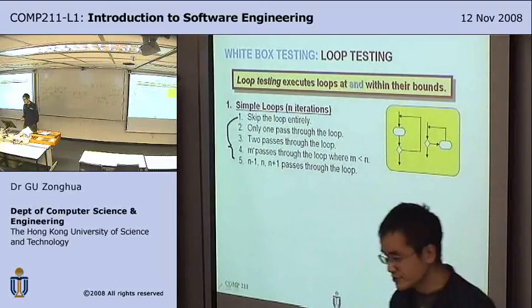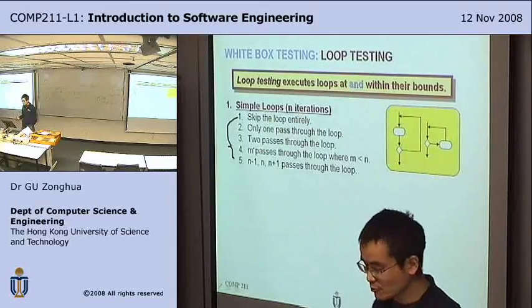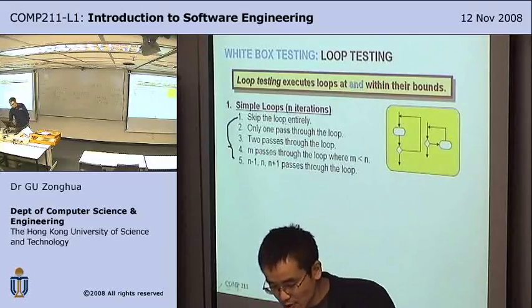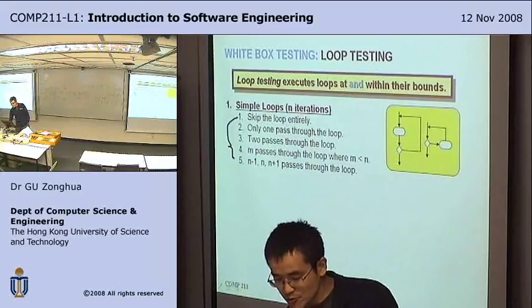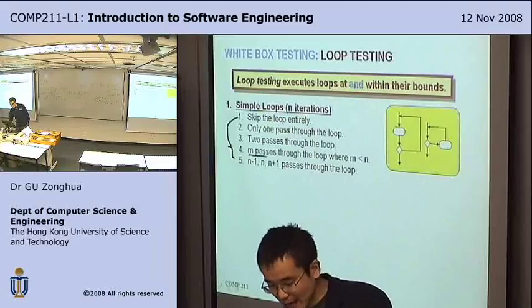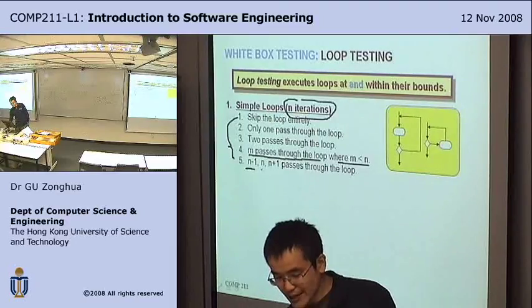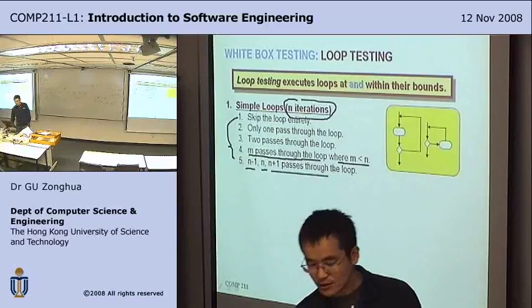That is, you jump directly from the loop head to the loop end without executing the loop body. Or you do one pass through the loop, or 2 passes through the loop, or m passes through the loop, where m less than n, and n is the number of iterations in the loop, or n minus 1 and n plus 1 passes through the loop.